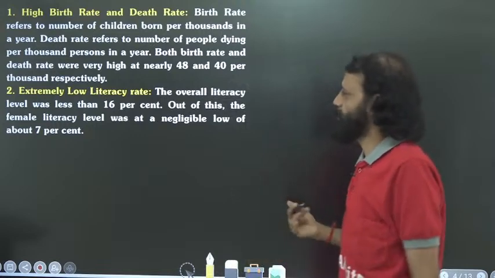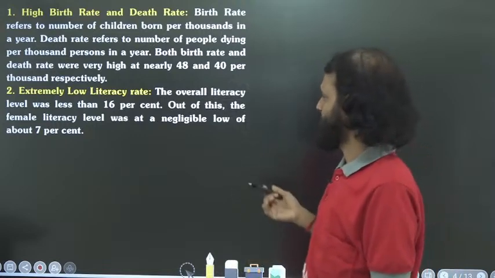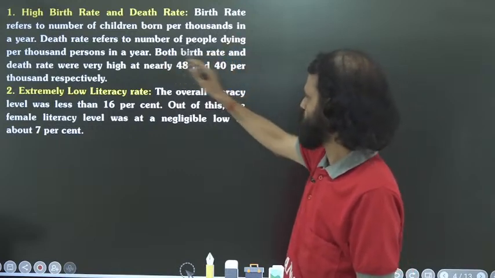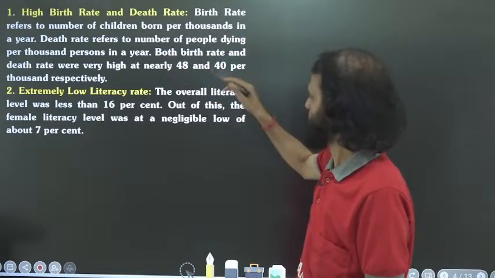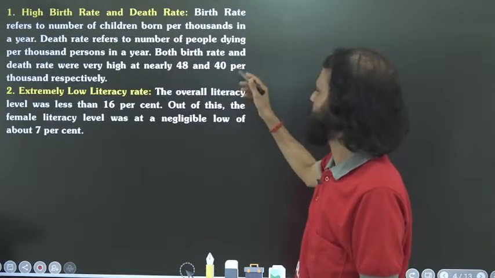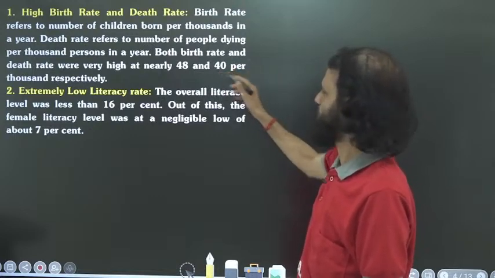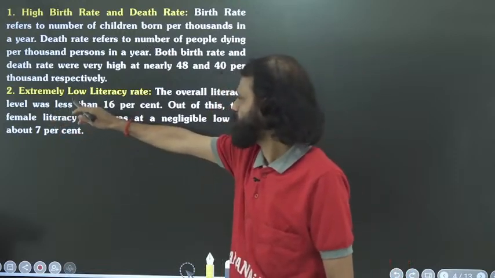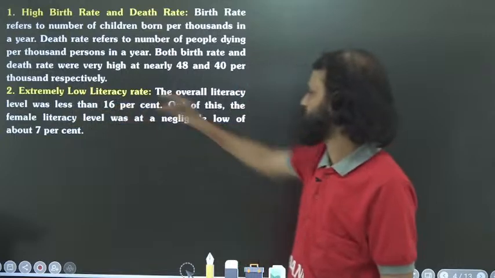At that time, more people were dying: 40 people died among 1,000 people. That was the rate. The second point is extremely low literacy rate.